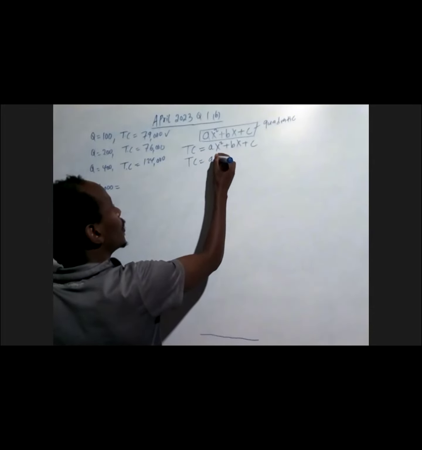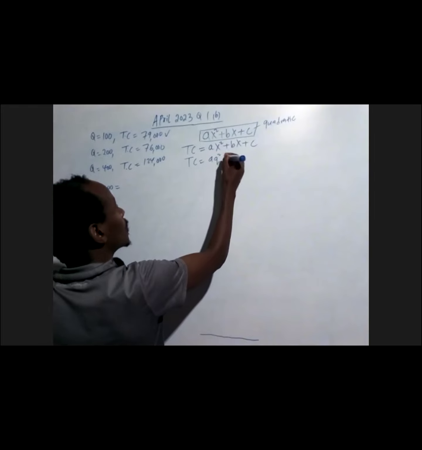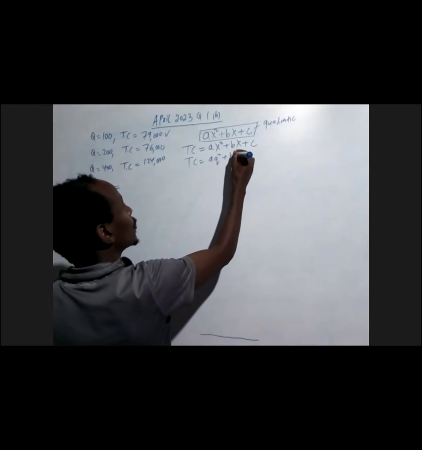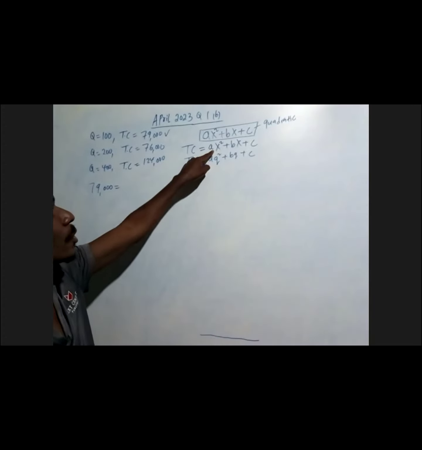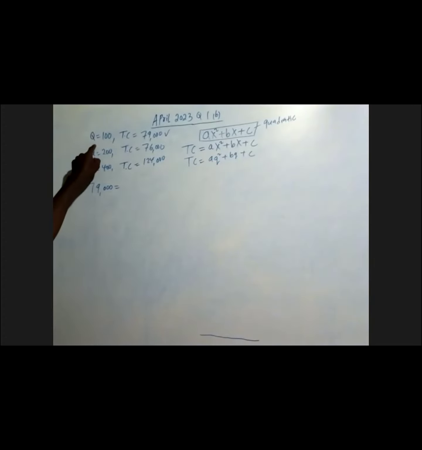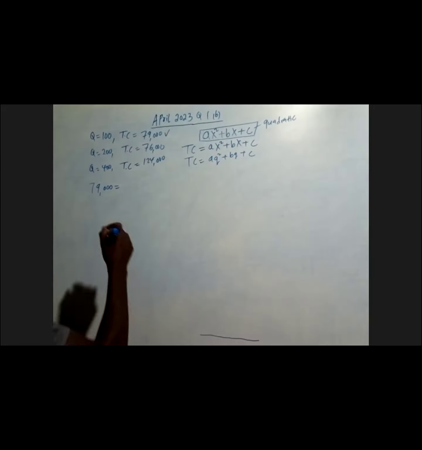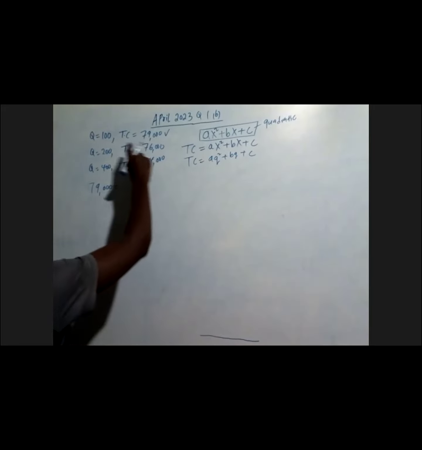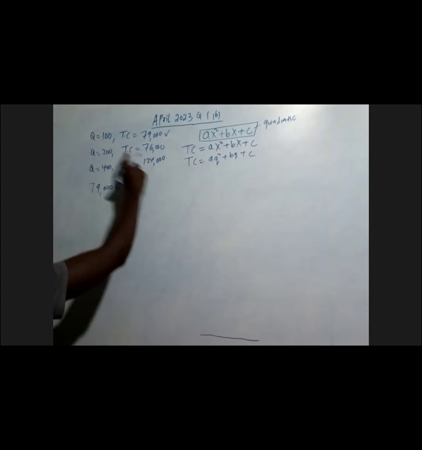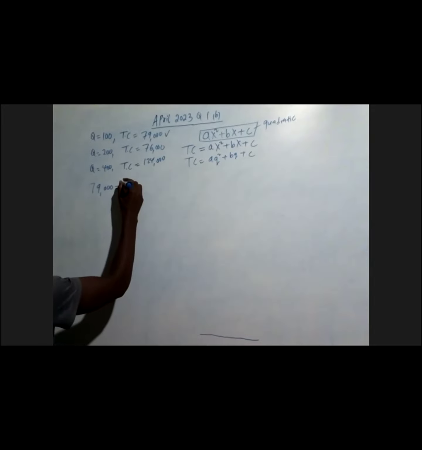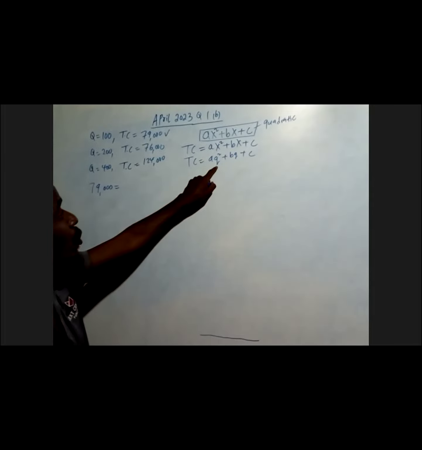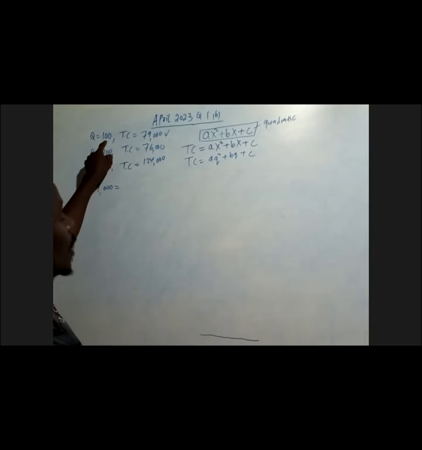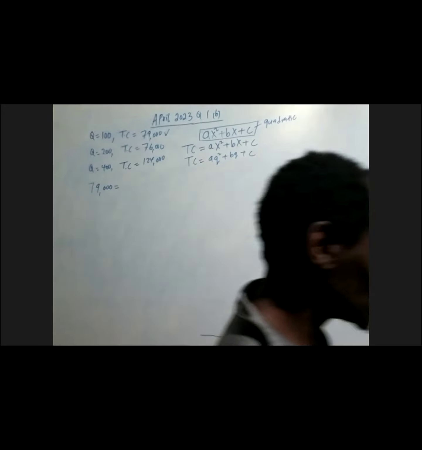We say aq squared plus bq plus c, so that we replace x with q and go with quantity. Now, when quantity is 100, for part A we shall have 100 squared. What's 100 squared? Because we know that q is squared and our q is 100. 10,000.